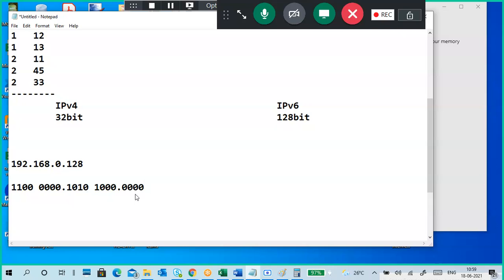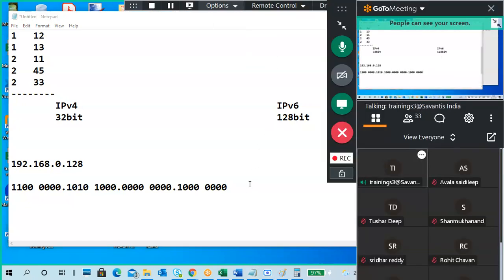Just for understanding, in binary 128 is the leading place value.